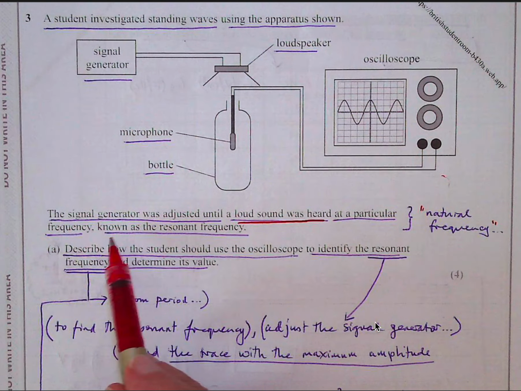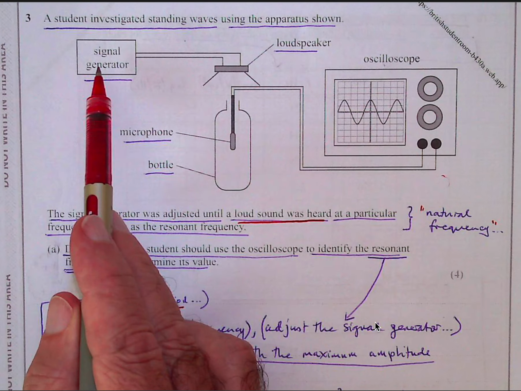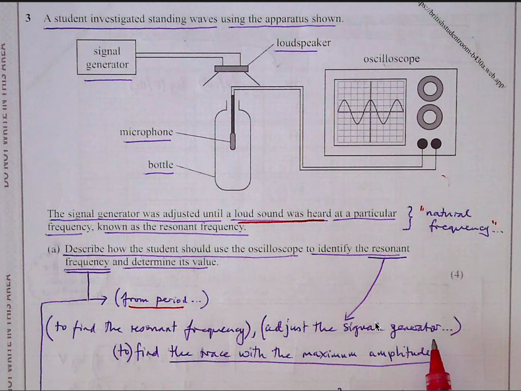Okay, so first of all, how do you find the resonant frequency? It's in brackets because you don't have to write this down. The key points are below, but to show that you understand what you're doing, to find the resonant frequency, you would adjust the signal generator to find when the trace has the maximum amplitude.